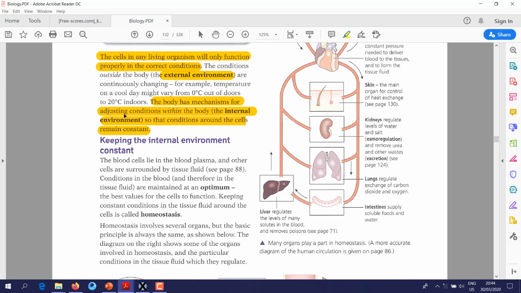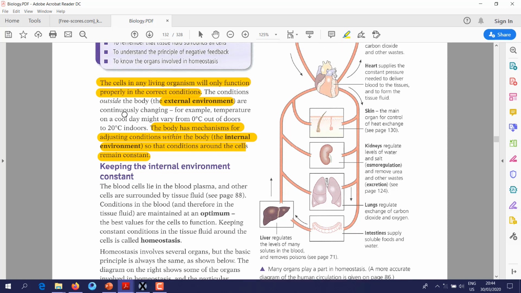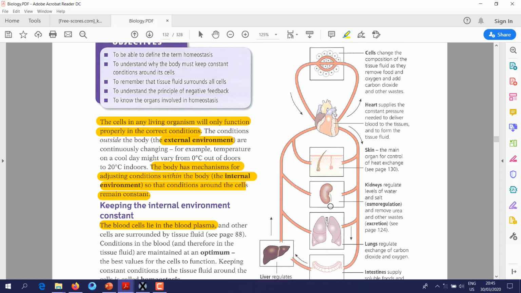As you know, cells, to stay alive and to function, need blood. The blood cells lie in the blood plasma. So here, what will happen? The blood will go around all the body cells and organs. If you look at this diagram, it shows most of the organs in our bodies.